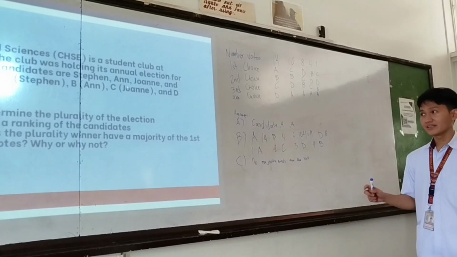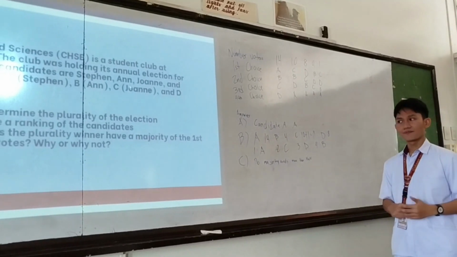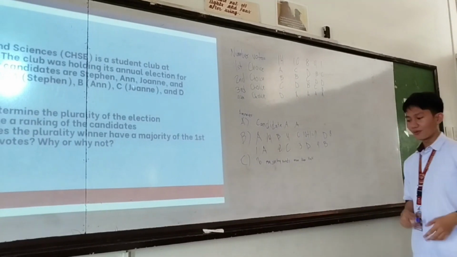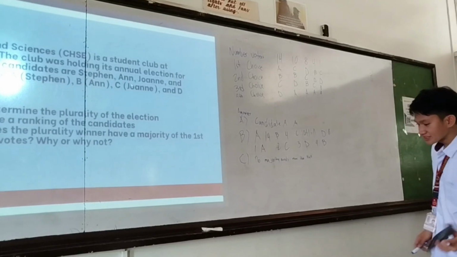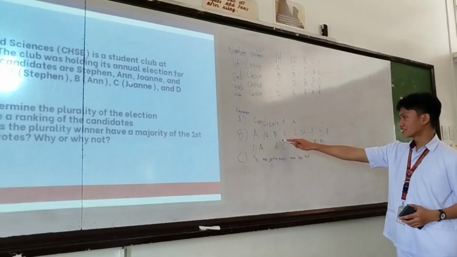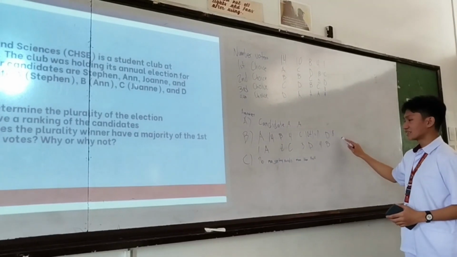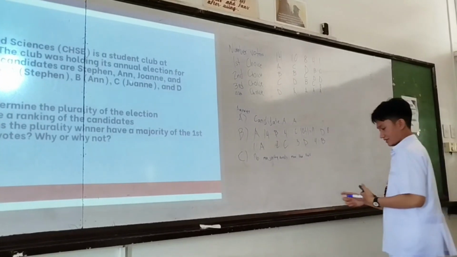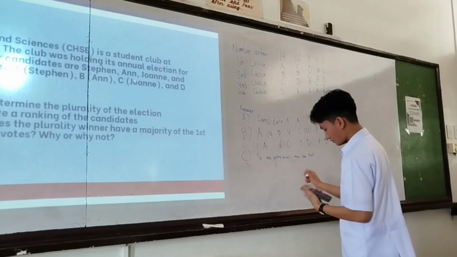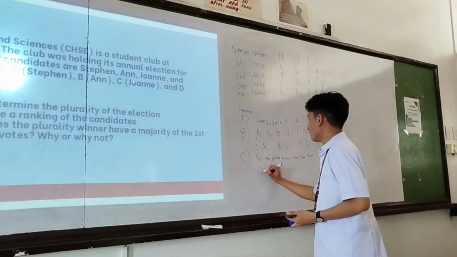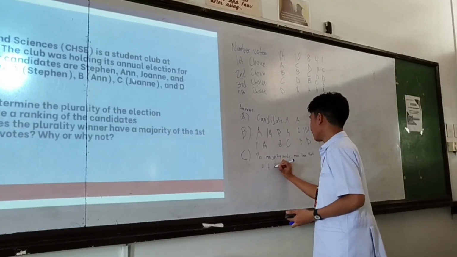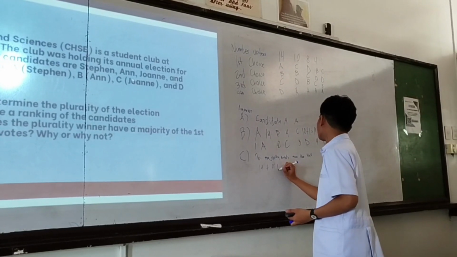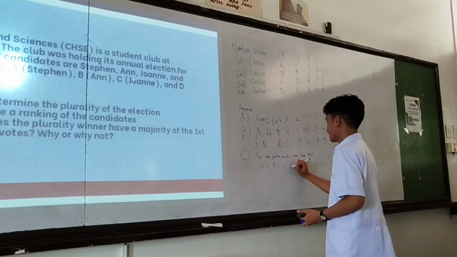Does the plurality winner have a majority of the first place votes? Why? First, let us sum the total votes cast by adding 14 plus 4 plus 11 plus 8.